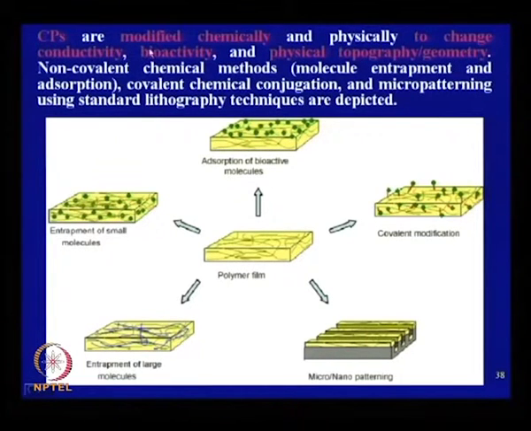Conducting polymers are modified chemically and physically to change conductivity, bioactivity and physical topography, geometry. Non-covalent chemical methods like molecular entrapment and adsorption, covalent chemical conjugation and micropatterning using standard lithographic techniques are depicted here.